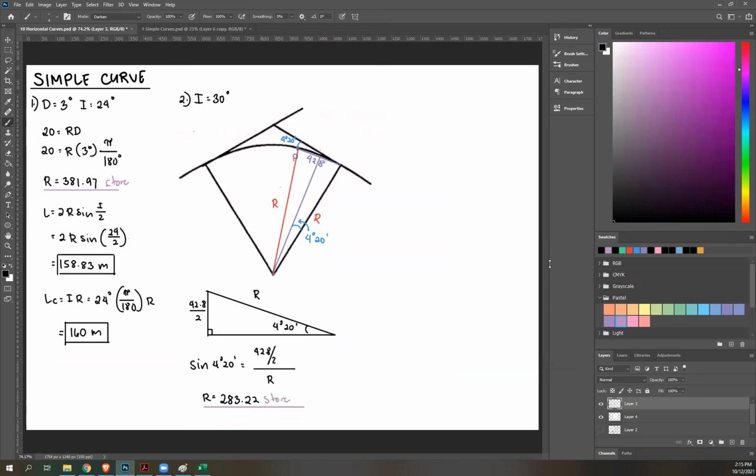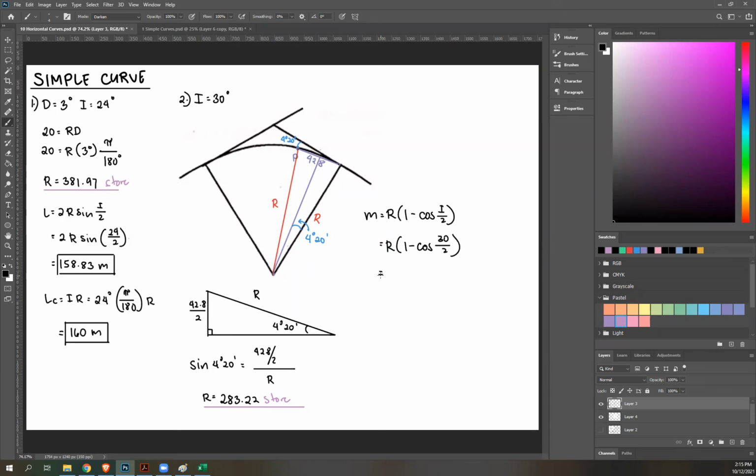And then from that, we can solve for M. Now recall M. The equation for M is R times 1 minus cosine I over 2. So R, which is this, 1 minus cosine I is given 30 degrees, 30 over 2.